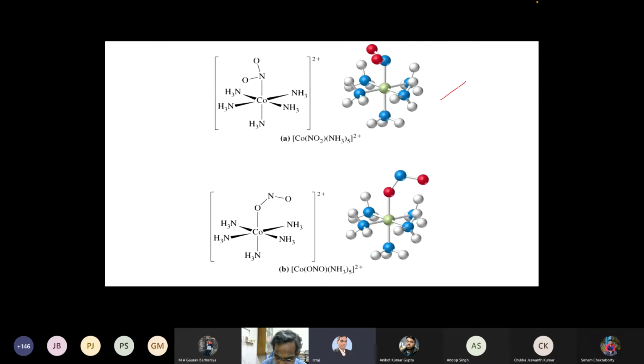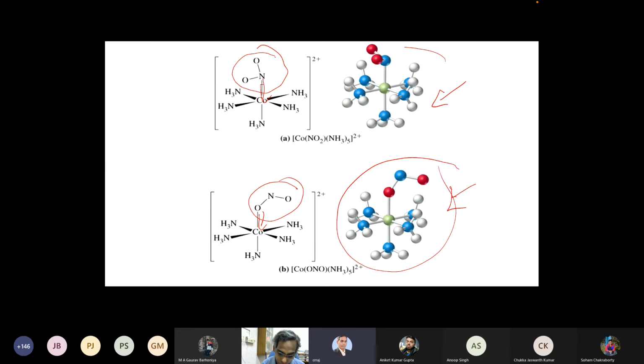These two structures you should have come across. What I'm going to talk about here is that bonding again comes into the picture. Look at the NO2 and ONO here, right? Here N is bonded to the metal center cobalt, here oxygen is bonded to cobalt. Simply by changing the bonding mode, whether nitrogen or oxygen is bonding to cobalt, the entire property of the complex changes.